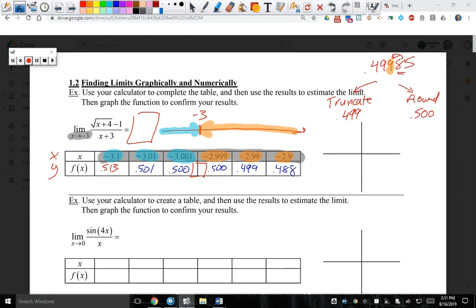Can someone tell me by looking at this table what would be the answer that the y value is trying to approach? Yeah, you could just say it out loud. 0.5, right? So 0.5 is going to be the answer there. Otherwise, 1/2. Go with me? So the answer to this entire limit is 1/2.